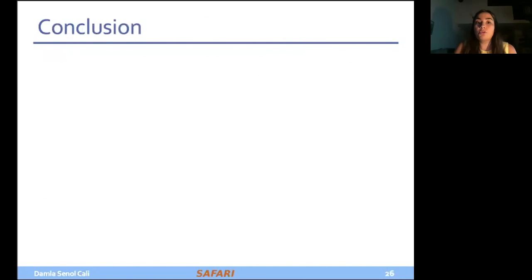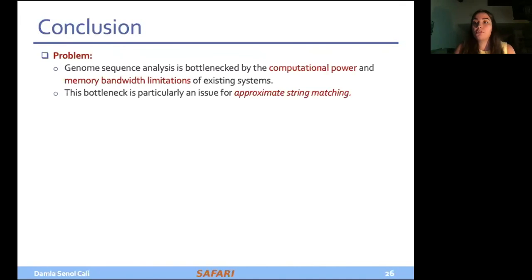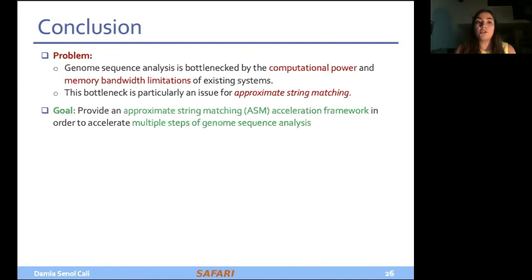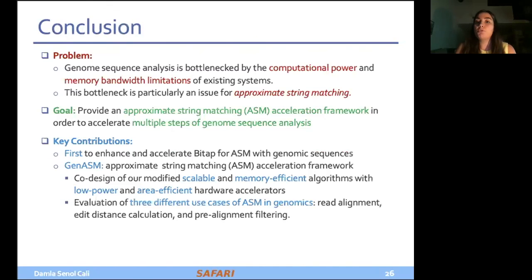To conclude, in this work, we focus on approximate string matching because it is one of the main bottlenecks of genome sequence analysis. Our goal is to provide an ASM acceleration framework in order to accelerate multiple steps of genome sequence analysis. We propose the first work which enhances and accelerates Bitap for ASM with genomic sequences.